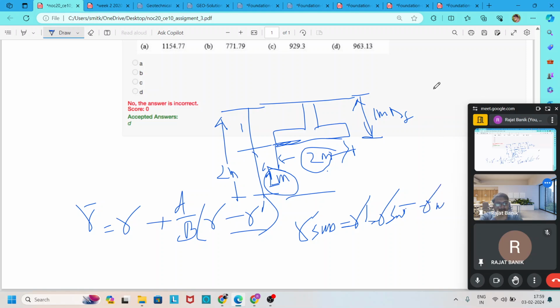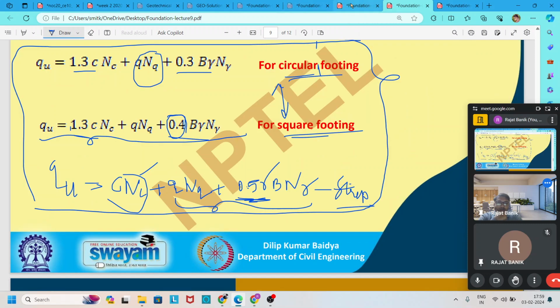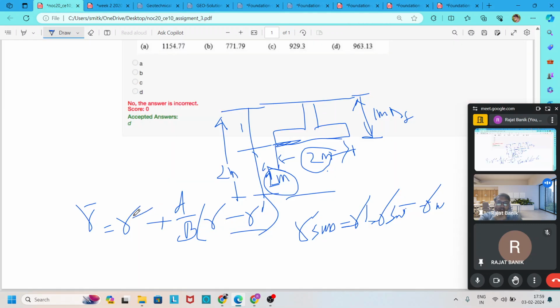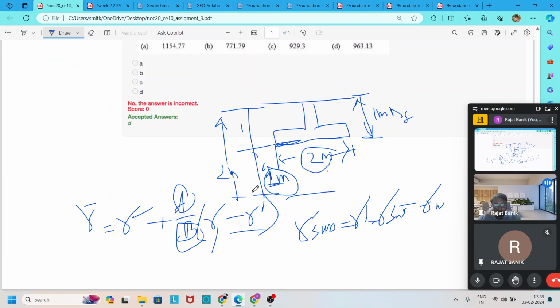I have to look at it once. Yes, here is one correction: it is gamma dash. Okay, so put all these values here. D is 1 meter from the foundation level, B is 2 meter. Gamma is 17, because above the water table the soil is dry, and below the water table it is gamma saturated.